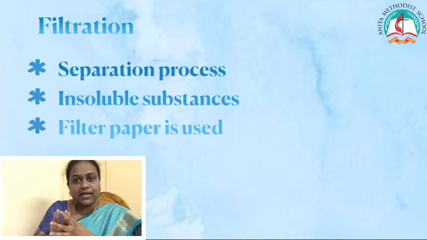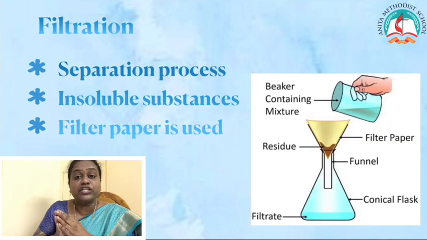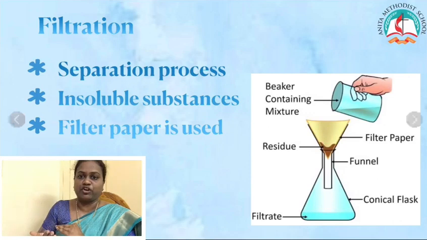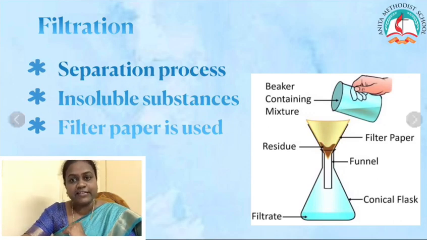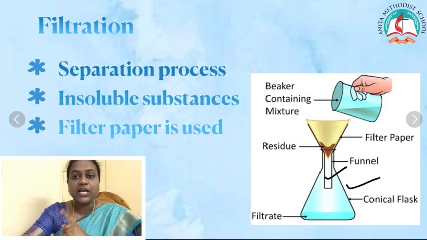So for that liquid, we are going to use a filter paper. We are going to use a filtration process, and then we are going to get a clear liquid out of that. Do remember, in the filtration process we will be using a filter paper to get clear water.